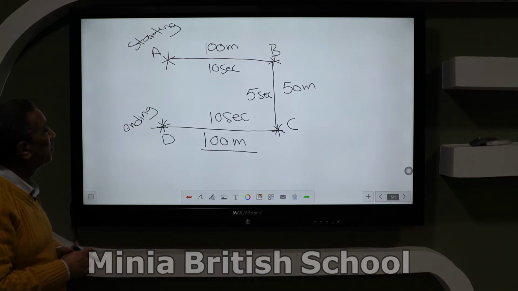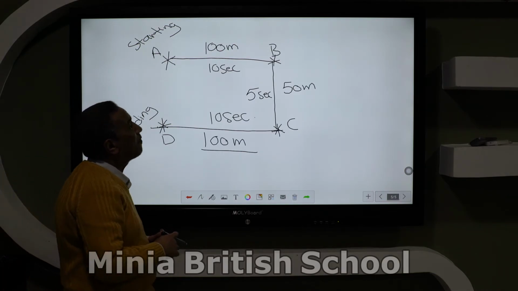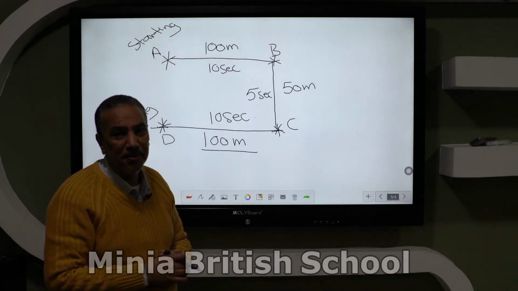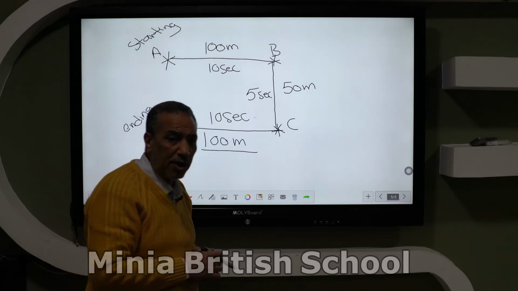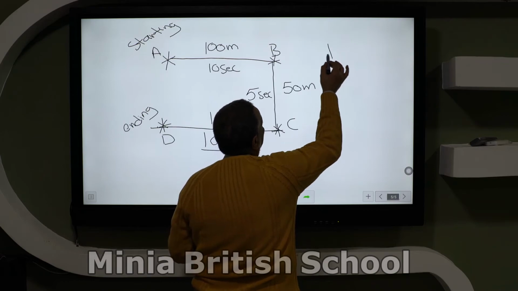The distance that the body covered is from A to B, from B to C, from C to D, and so on. If I'm calculating the actual path that the body covered from the starting point till reaching the ending point, that means I'm measuring the distance.